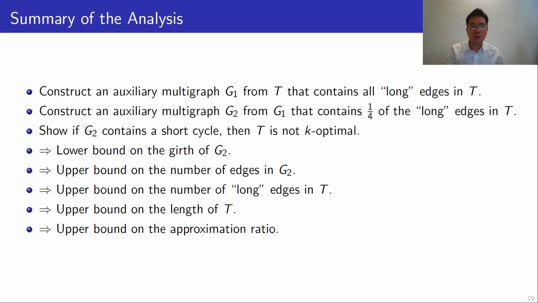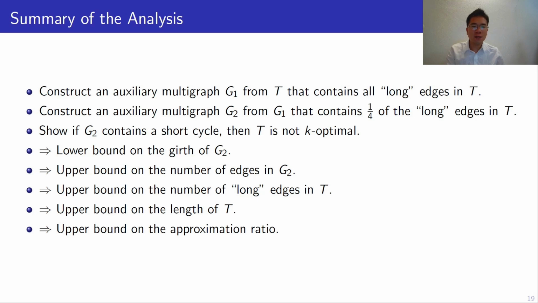First, we construct an auxiliary multigraph G1 from T that contains all long edges in T. Then we constructed an auxiliary multigraph G2 from G1 that contains a quarter of the long edges in T. We showed that if G2 contains a short cycle, T is not k-optimal, and therefore we get a lower bound on the girth of G2, and this implies an upper bound on the number of edges in G2 by the Erdős girth conjecture, for example.